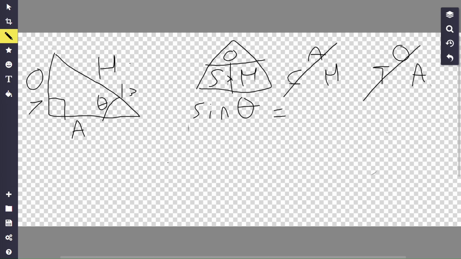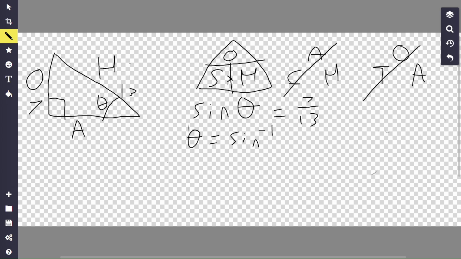Sine theta equals O over H, which we can see from here is 7 over 13. So to take out the sine from the theta and just get the angle itself, we do theta equals inverse sine, sine minus 1, which we can see on our calculators if we press shift and then sine.